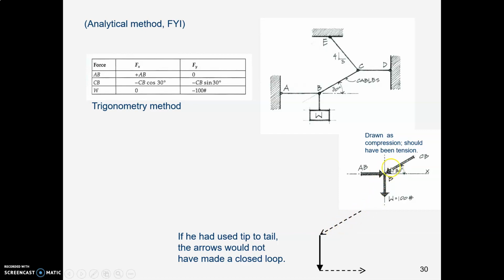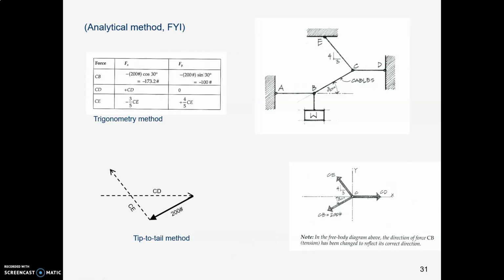So these guys are not in equilibrium. There is no closed loop possible, and so now I see, oh, I've got them in the wrong direction. I'd better fix them. And so I will try turning them around the other direction. And when I do, then I am able to put the 3 arrows tip to tail.